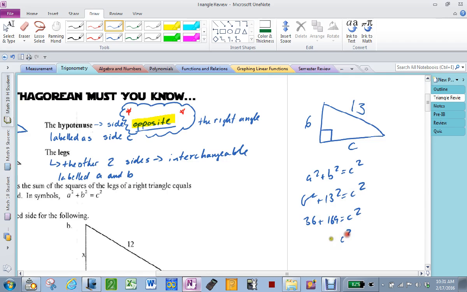And C squared equals 205. And C was 14 point blah.